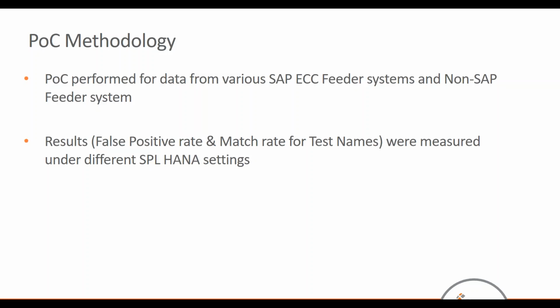And this was screened or tested against the various SPL HANA settings. So multiple iterations had to be performed with these various settings to ultimately get a much better false positive rate and match rate.